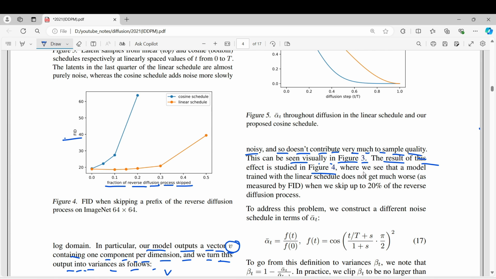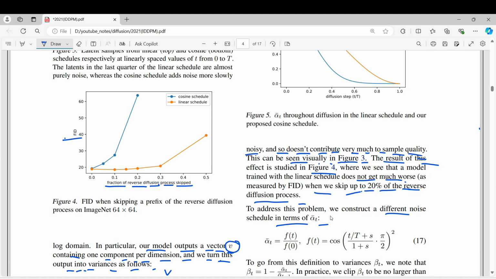We see that a model trained with a linear schedule does not get much worse, as measured by FID, even when we skip up to 20% of the reverse diffusion process. To address this problem, we construct a different noise schedule in terms of alpha bar t.